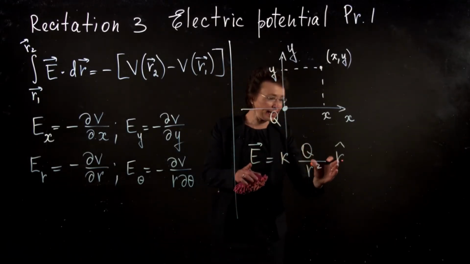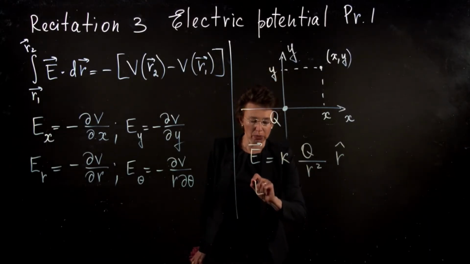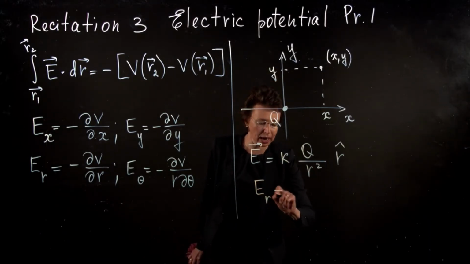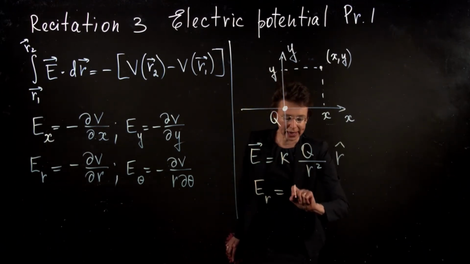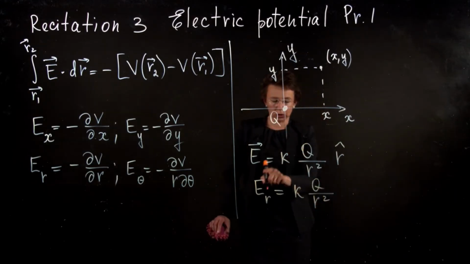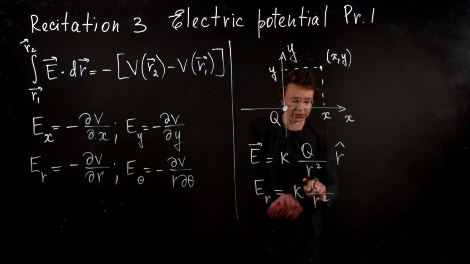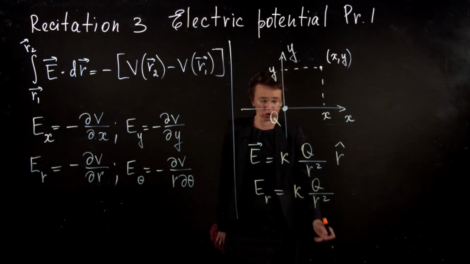So this is the radial component of electric field created by a point charge. I will write it in components. Er, the radial component, is K Q over R squared. E theta is 0. So this is a one-dimensional problem.